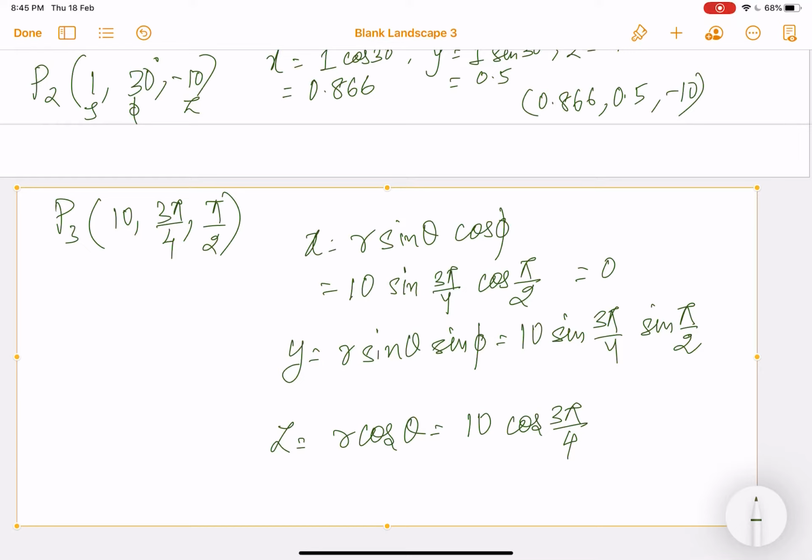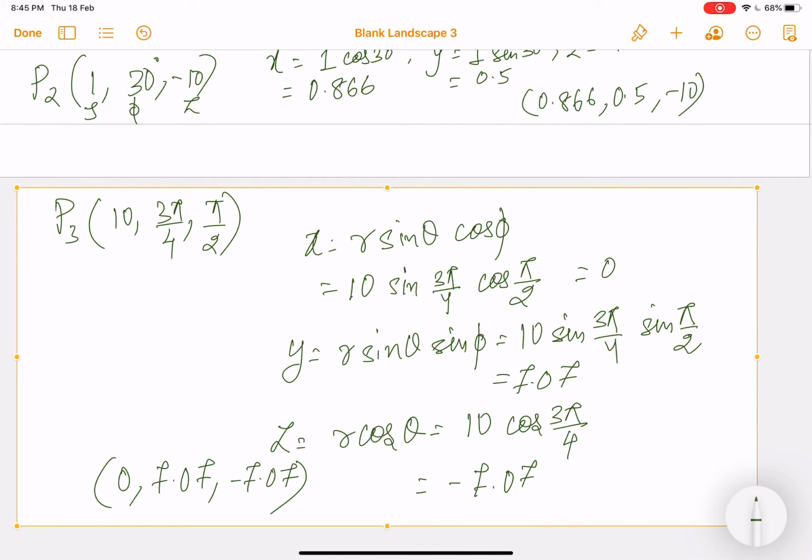You must keep practicing. If you are a beginner, you have to practice, because practice makes a man perfect. So you'll get 7.07, and the other one you'll get is minus 7.07. So these are the coordinates that you're getting.